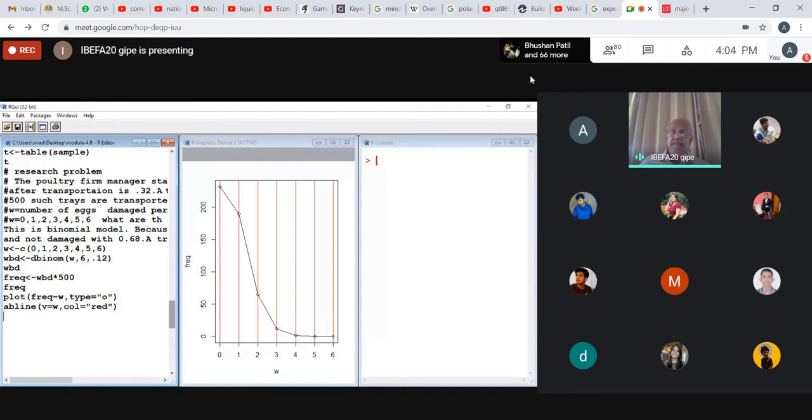Another way I explain: a single tray is a binomial experiment, and 500 trays are the binomial experiment repeated independently.